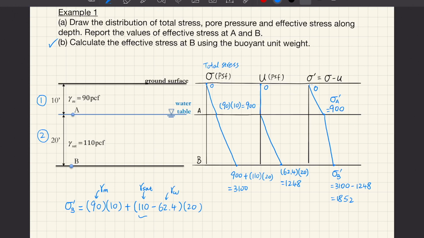So this difference here is the buoyant unit weight. If you just work out the math here, you still get the same number, 1852 pounds per square foot. So this is the same as if you're using the effective stress equation.